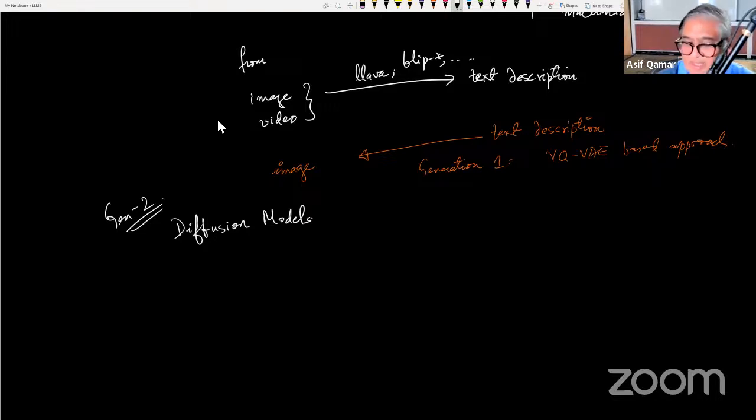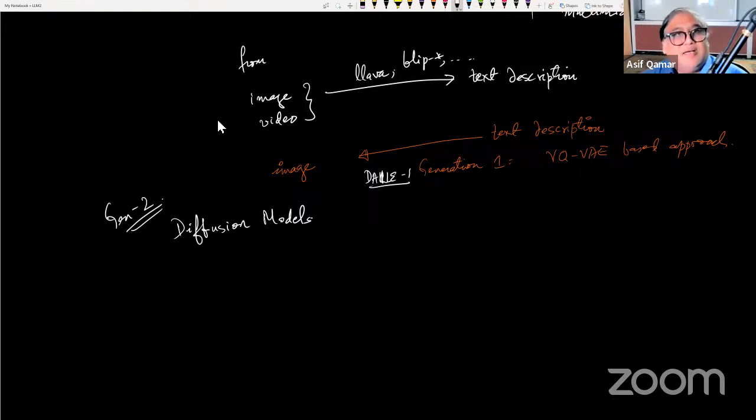So for example, this is DALL-E. Today you'll call it DALL-E 1, the first DALL-E. Its strength was that, if you remember when DALL-E 1 came out, people were shocked because it's the first time they were seeing effective or plausible text-to-image generation.